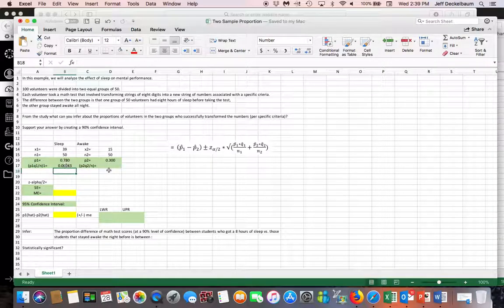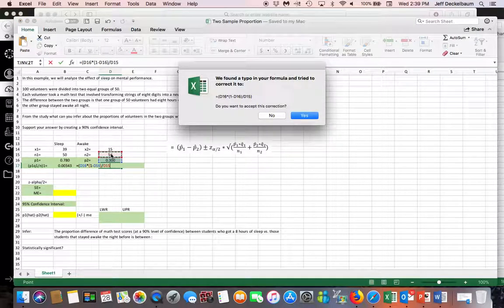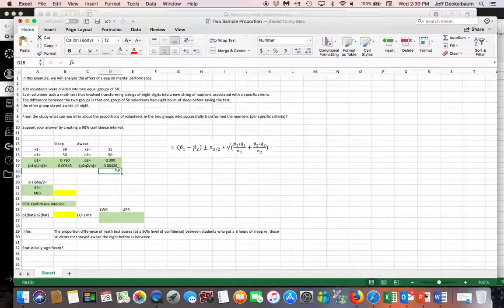And we have a number, 0.00343. And we're going to do the same thing on this side. It's going to be equal to 0.3 times 1 minus 0.3 divided by N2, which is also 50. And we have this component here.